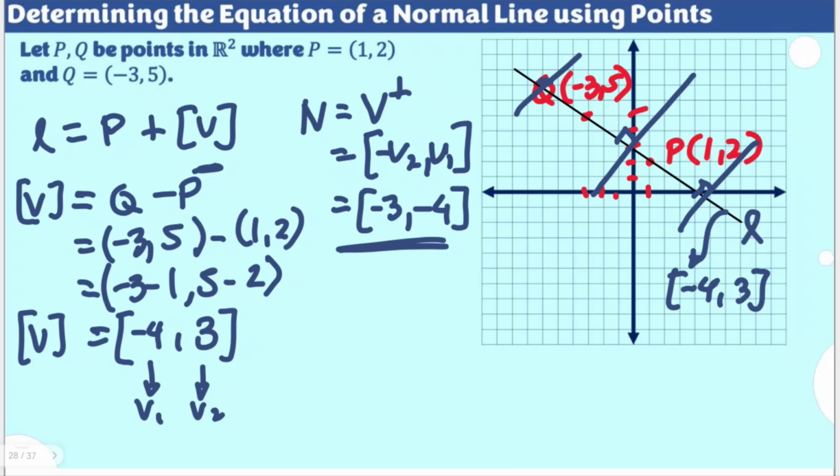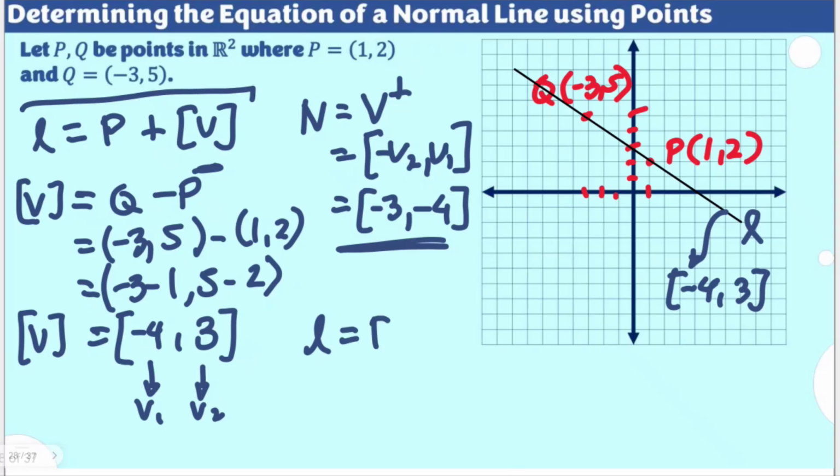We can have plenty of normal lines here, but in order for us to determine a specific one, and since we have identified specific points on line L, which are P and Q respectively, we can write down the equation of a normal line in this manner. Similar to L, but since it's a normal line, you will have L equals P plus your normal vector. Or you can use Q as well.